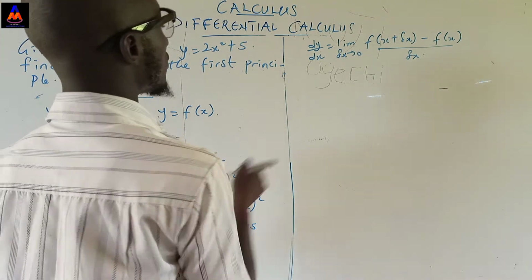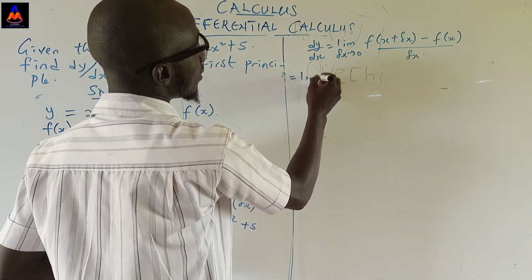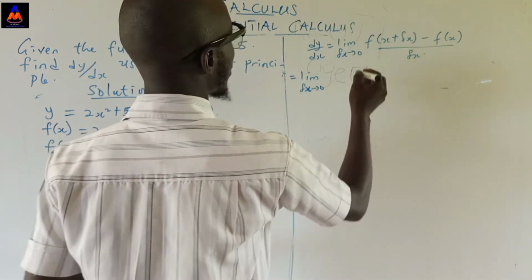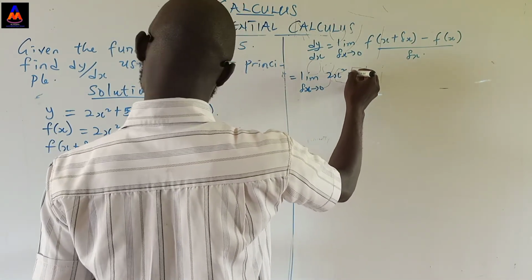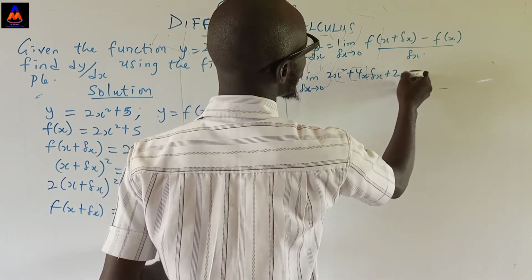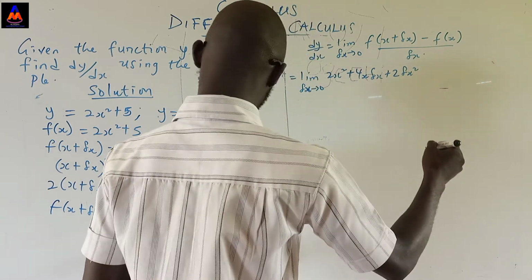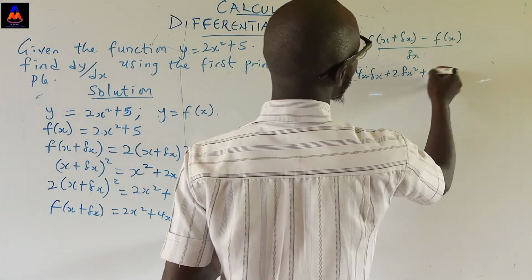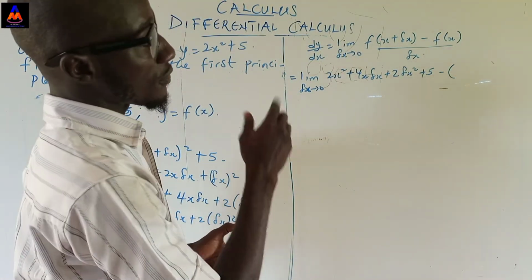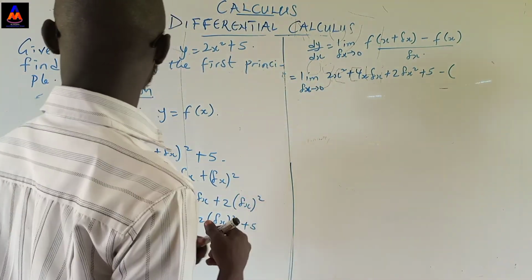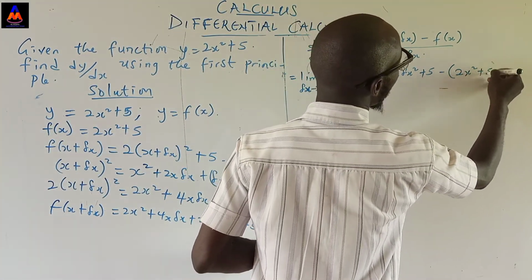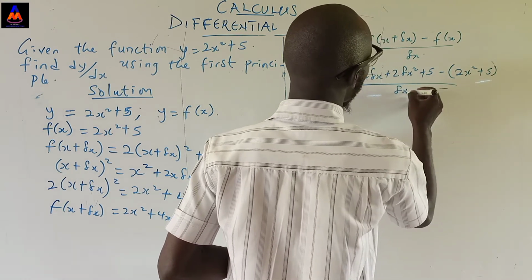Substituting each of the values we have into the equation, we have the limit as change in s goes to 0 of 2s squared plus 4s change in s plus 2 change in s squared plus 5, minus, anytime you have a negative at the front of that f of s, make sure you put it in brackets to avoid confusion, that is 2s squared plus 5, then this is over change in s.